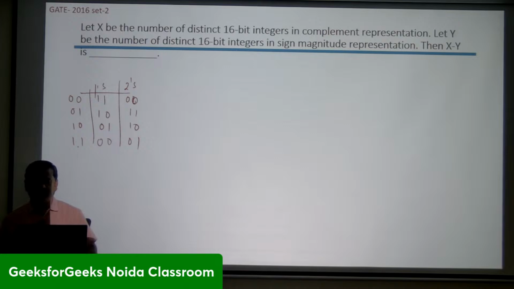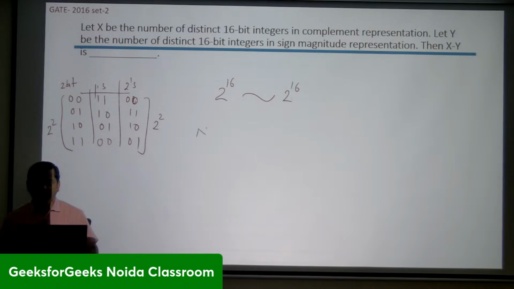That means if it is 2-bit, how many numbers are represented? 2 to the power 2. And how many complements are there? 2 to the power 2. Is it clear till here? So if it is 16-bit representation, the total possible numbers are 2 to the power 16, and the complement count is also 2 to the power 16.